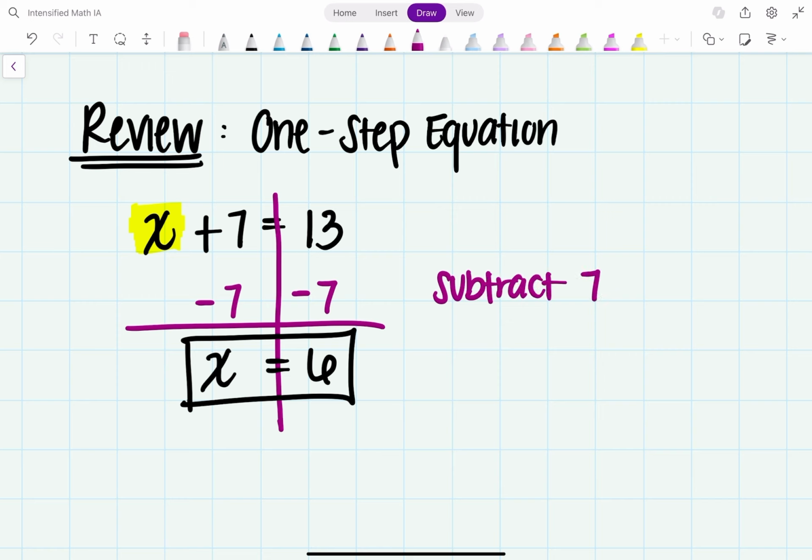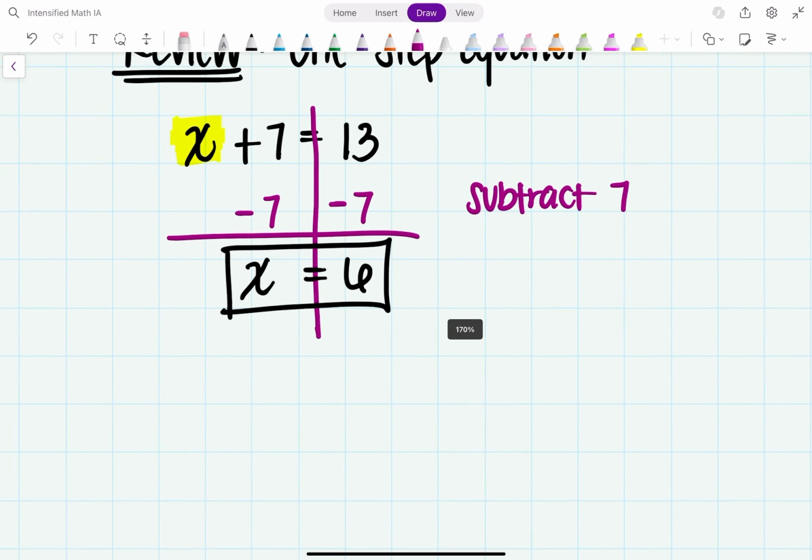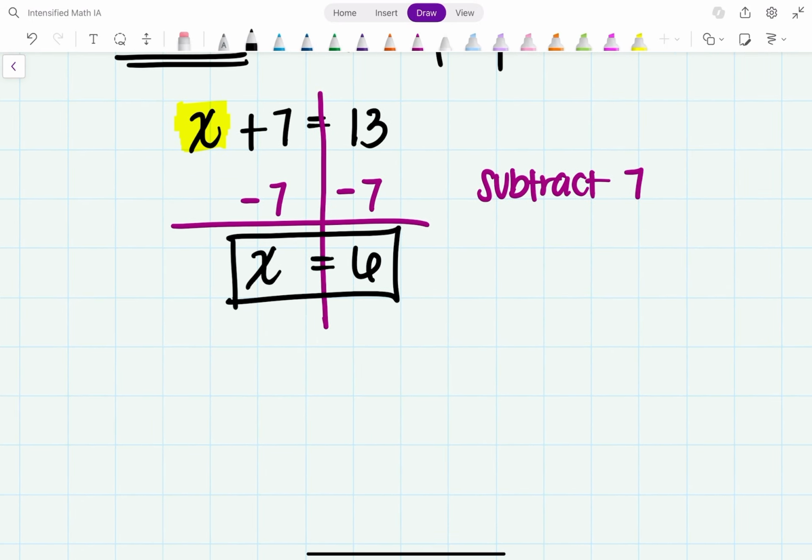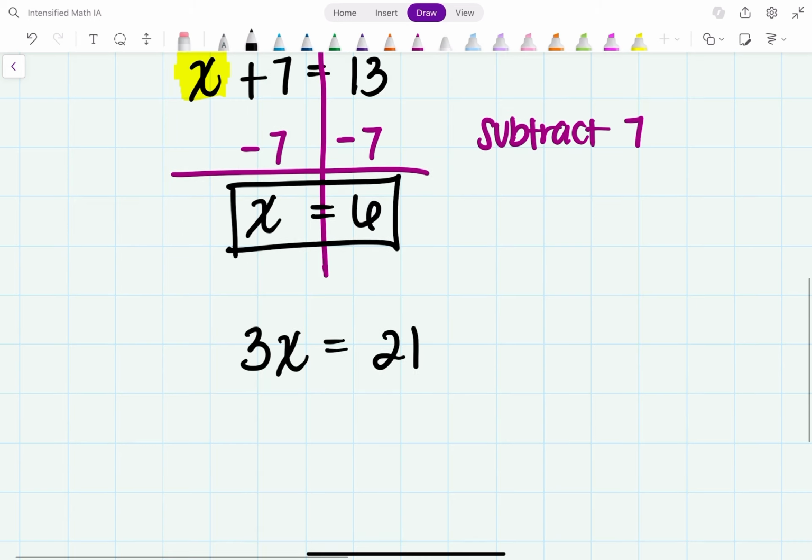We're only moving the values that are on the same side of the variable. Same thing if I have 3x is equal to 21. Once again, we want to leave the variable x alone.